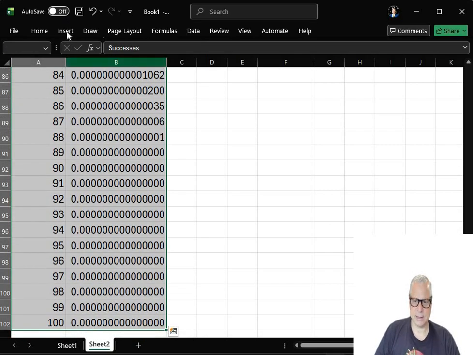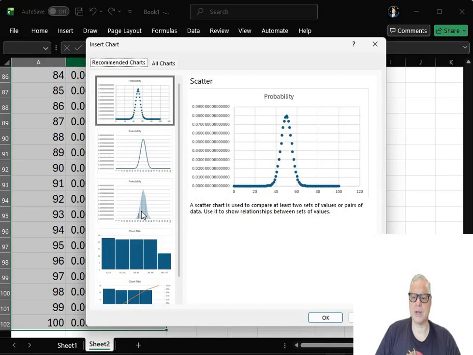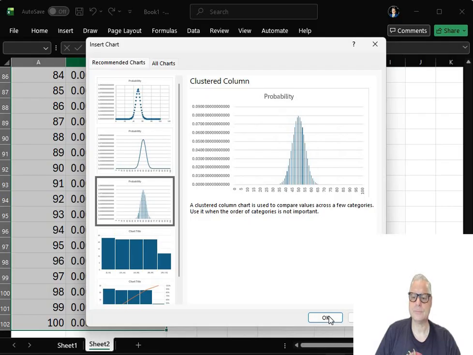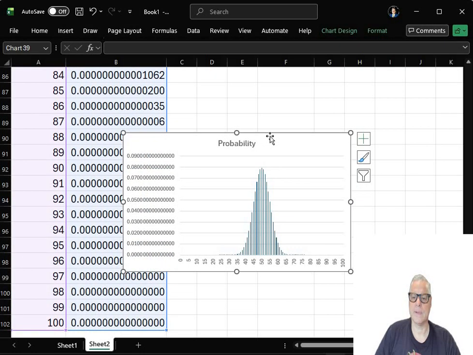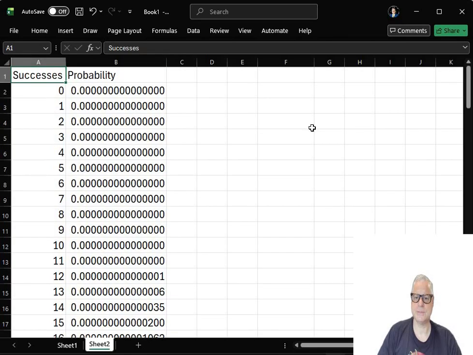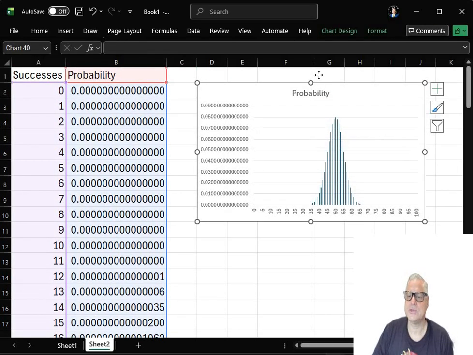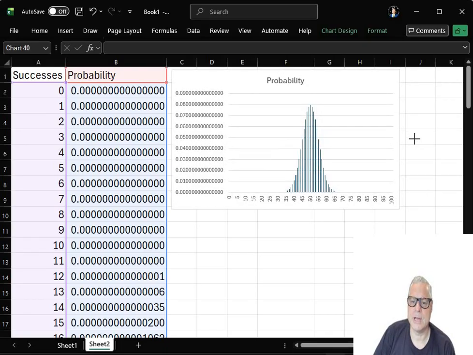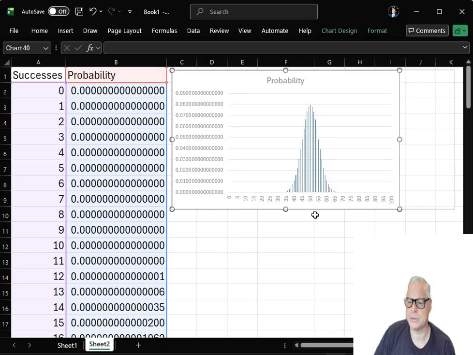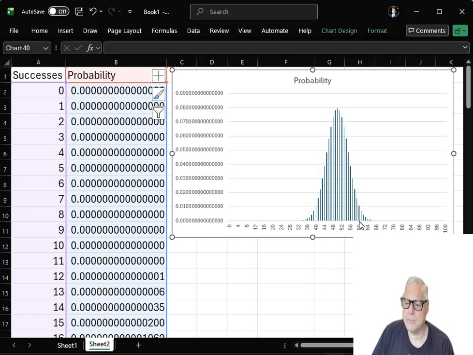Let's highlight the data array, insert recommended chart, and here we have the actual distribution, and you see that it looks pretty much like a normal distribution. And what we want to know is the probability that we get 60 or more.